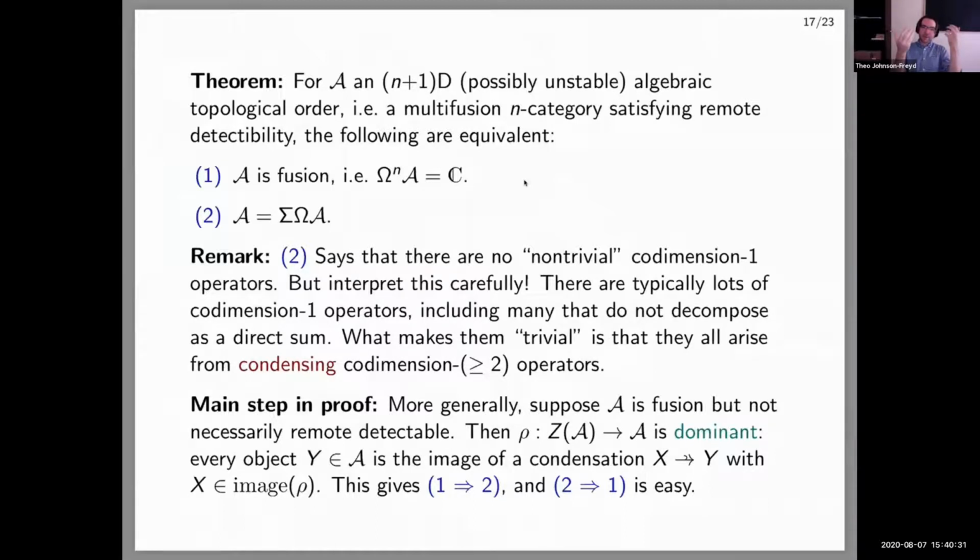To make this more explicit, let me say this just when n is 2. So I'm doing 2+1 dimensional topological order. Maybe roughly in 1990, I'm not sure, Xiaogang explained that 2+1 dimensional stable topological order, meaning that the ground state is stable against adding a small operator, is classified by essentially modular tensor categories.